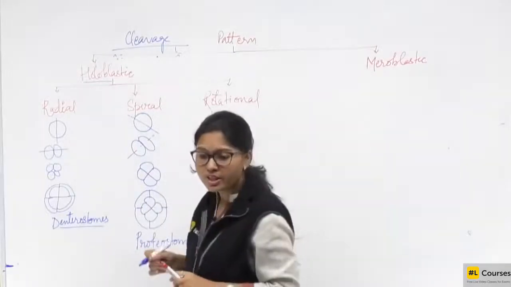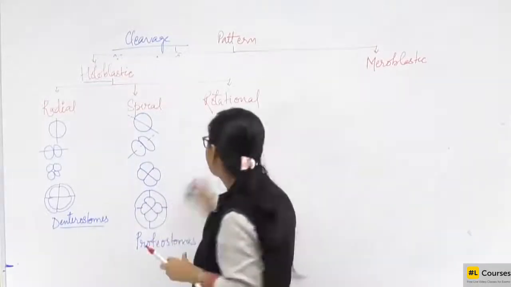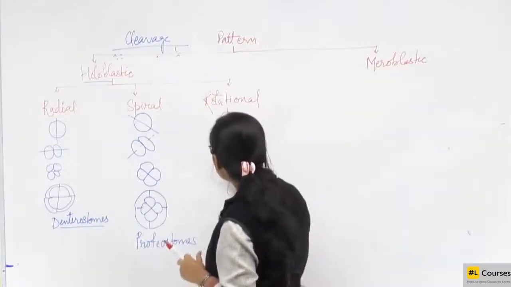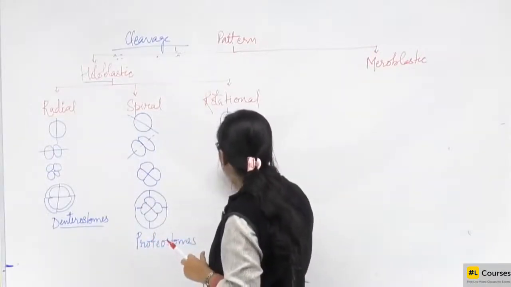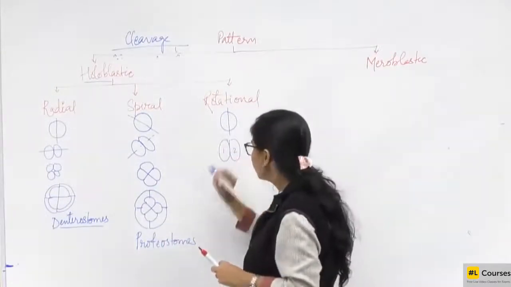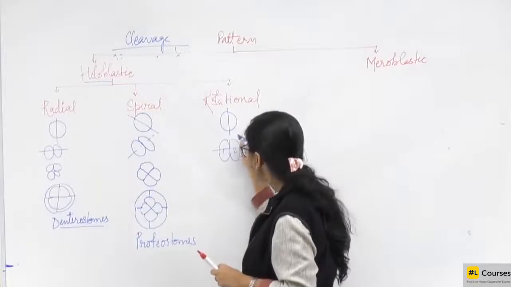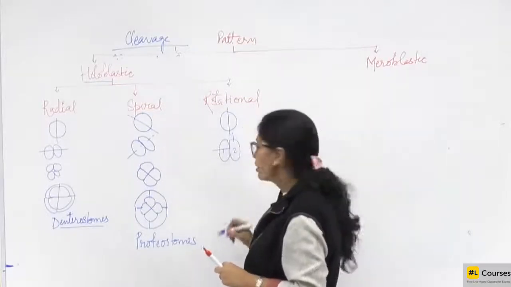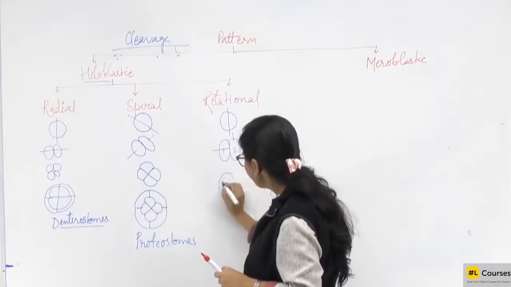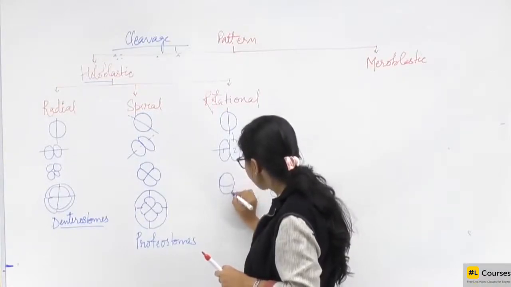Next is rotational. Rotational is a bit different. In this, the first division is meridional, and you have the 2-cell stage. So this is 1 cell, this is the second cell, but the second division and then the third will be different. They will be at right angles to each other. As a result, first this is there, so this is dividing.